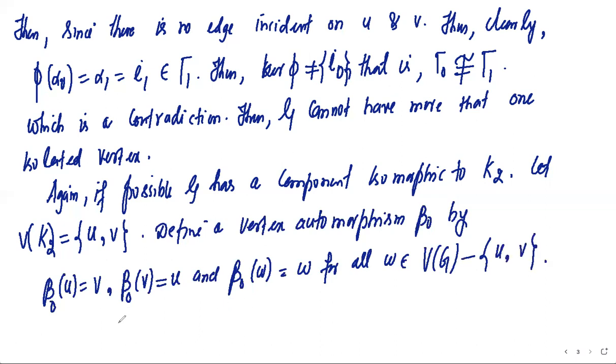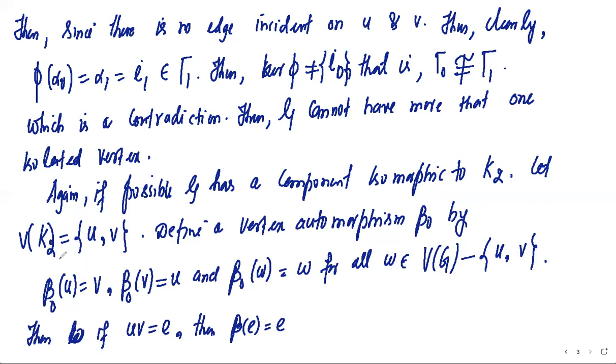Okay? Then if UV is the edge E, then beta of E is equal to E. Because here the vertex automorphism we defined sends U into V and V into U, and this is the K2.